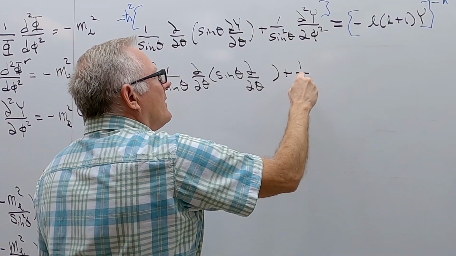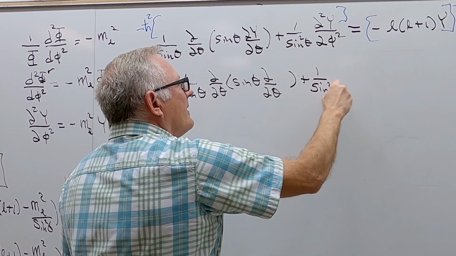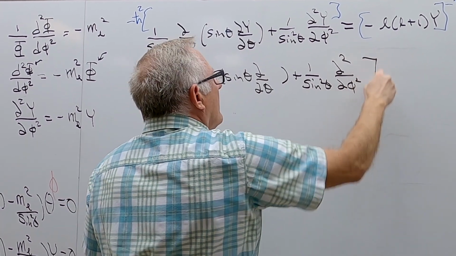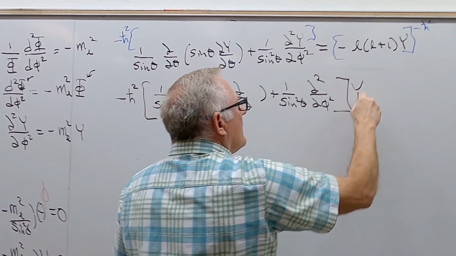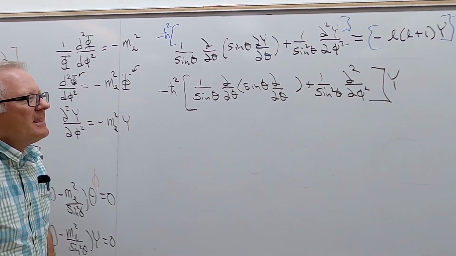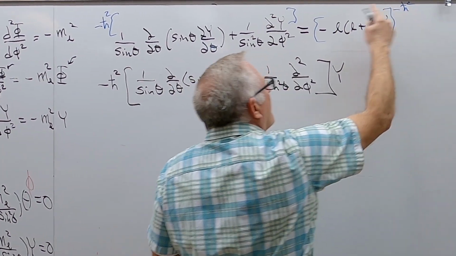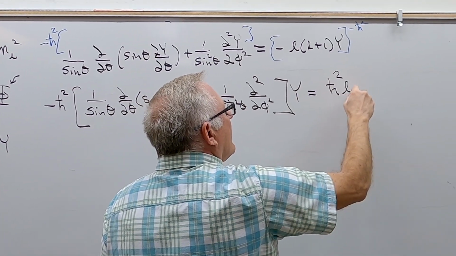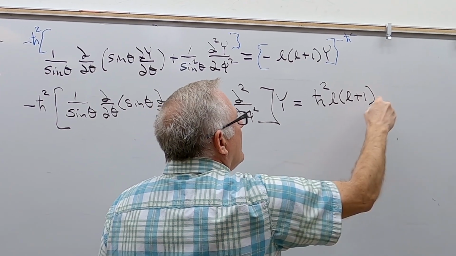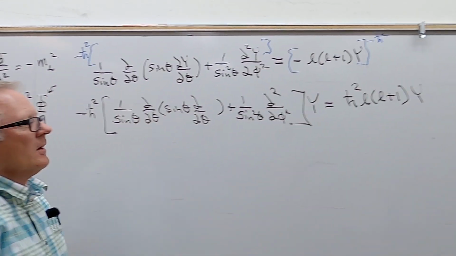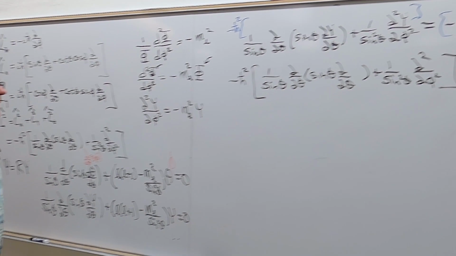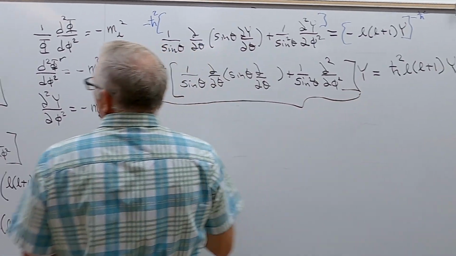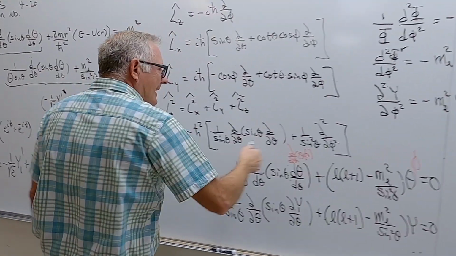Plus 1 over sine squared theta partial squared with respect to phi squared on big Y. That's what I'm taking, and that is equal to h bar squared L times L plus 1 Y. Okay, so if we look at this equation, this is the same thing as this.